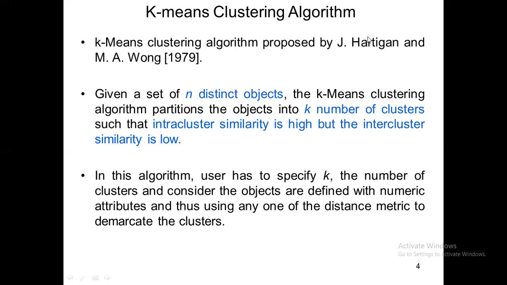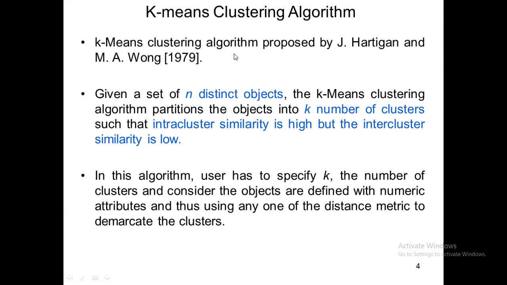These two professors proposed it. Say we have a set of n distinct objects. The k-means clustering algorithm partitions the objects into k number of clusters. Here k means how many clusters we are going to form. It can be 3, it can be 5. So k is the number of clusters.